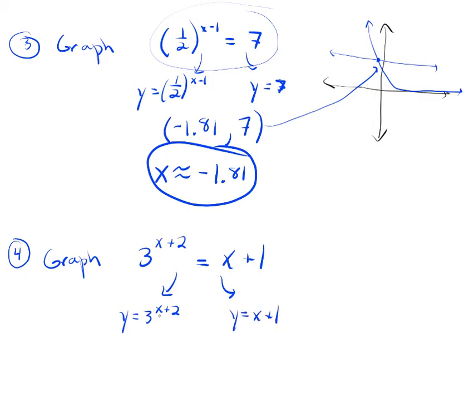So I notice that I have a base of 3. My exponent is increasing by a times 3. So it's a growth, and the plus 2, thinking about it as a minus and negative 2, would be left 2. I hope I said right 1 up here at the graph.